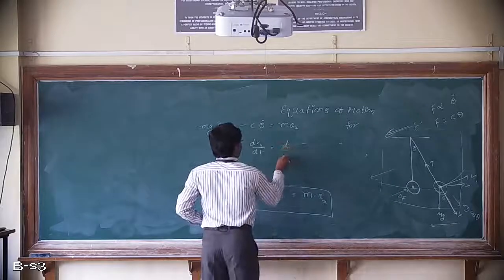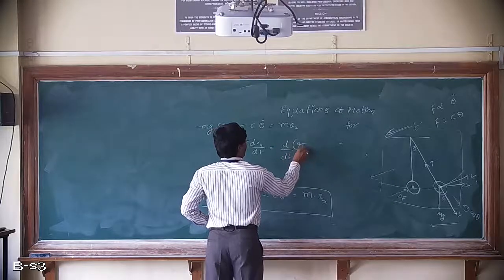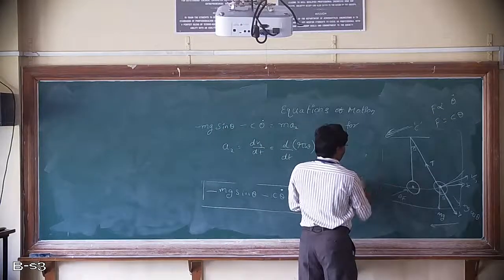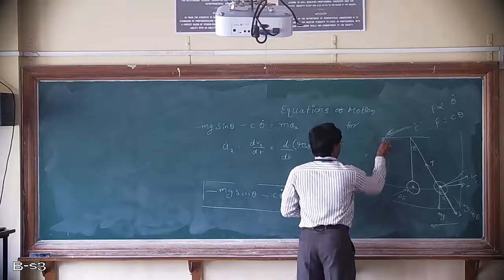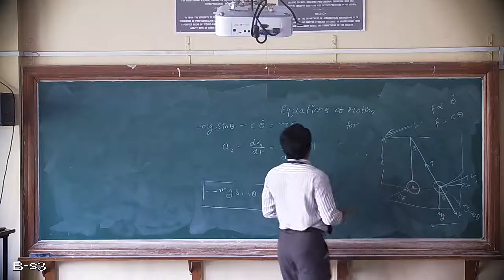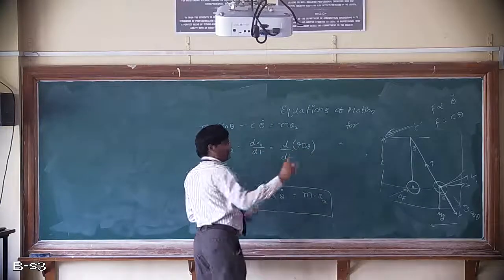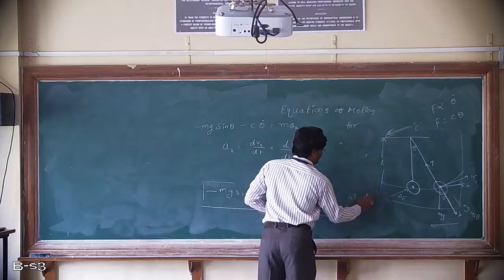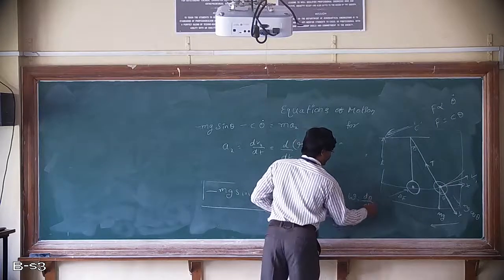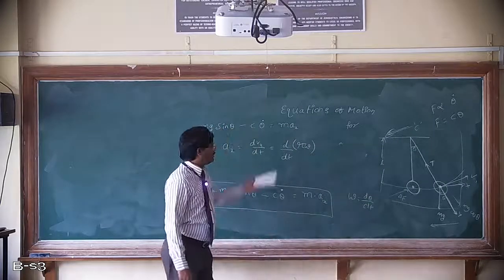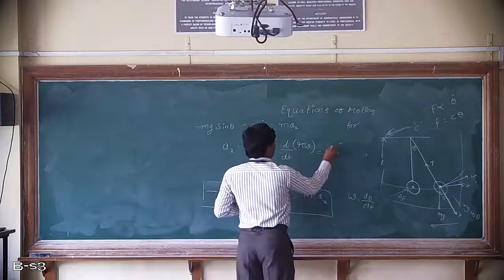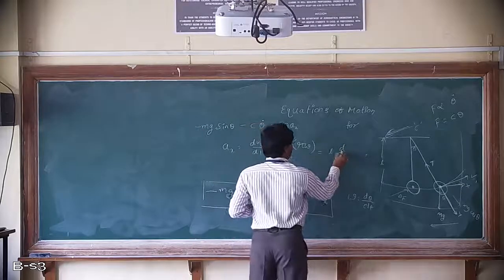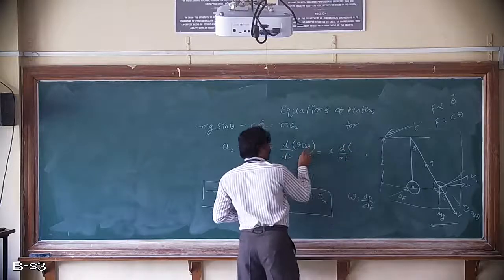So d by dt of r omega, I am taking this arc length as L, right? Omega is nothing but angular velocity, that omega is nothing but d theta by dt. Are you with me, everyone? So you can write L into d by dt, again omega is nothing but theta dot.